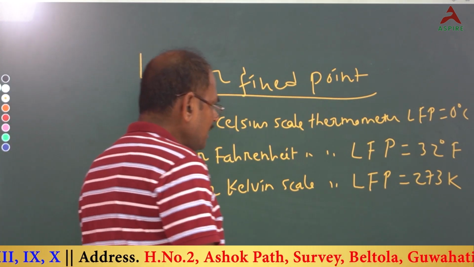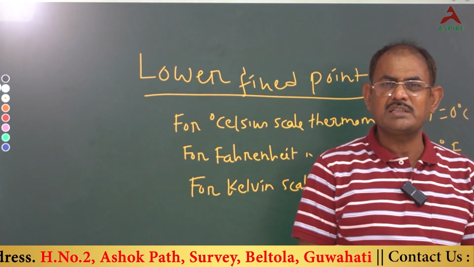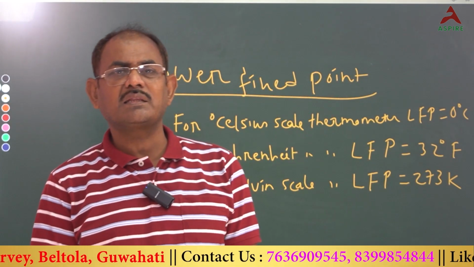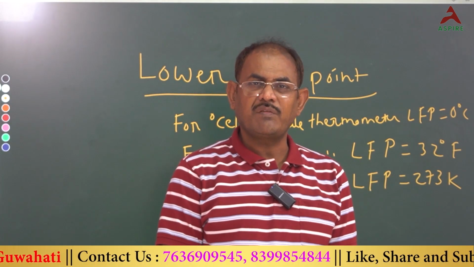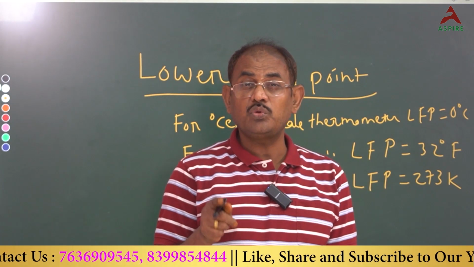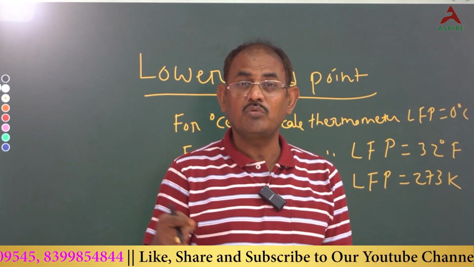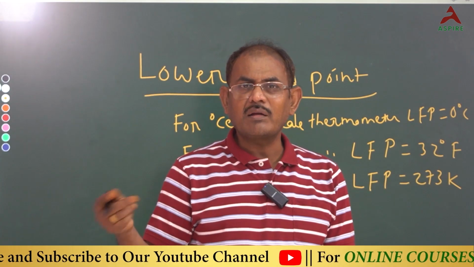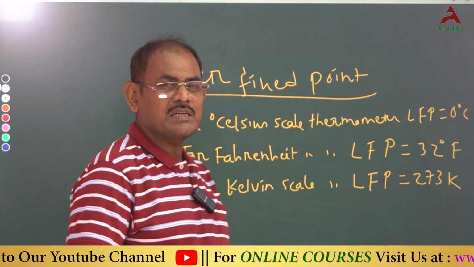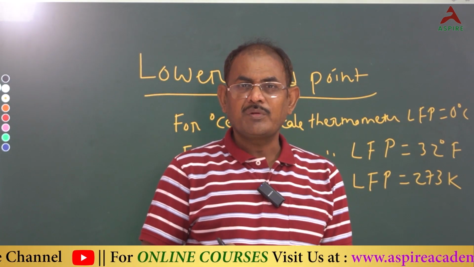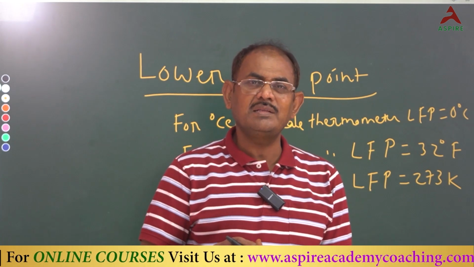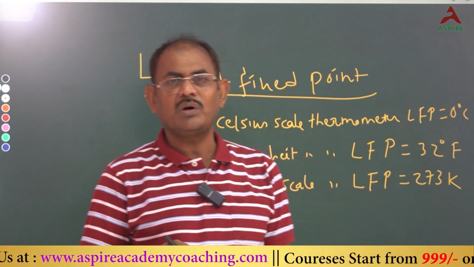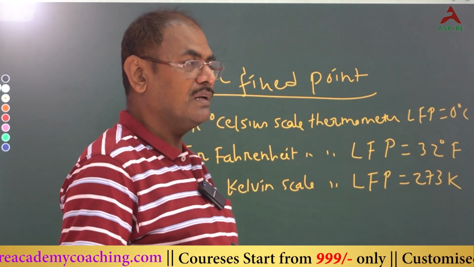So for the Fahrenheit scale, ice melts at 32 degree Fahrenheit. For the Kelvin scale, ice melts at 273 Kelvin. So the lower fixed point is 273 Kelvin for the Kelvin scale thermometer.